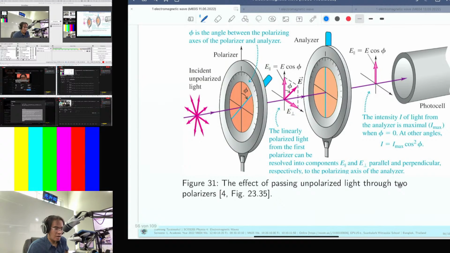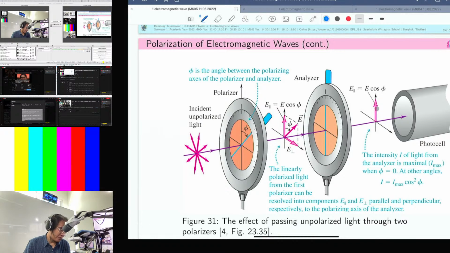And for the intensity of the light after this filter, you come with a single unique orientation of the E field. It's called polarized light, right? And once this passes the filter, you will get this one.